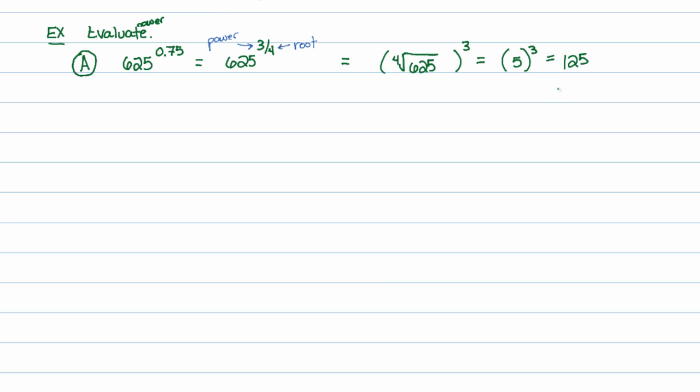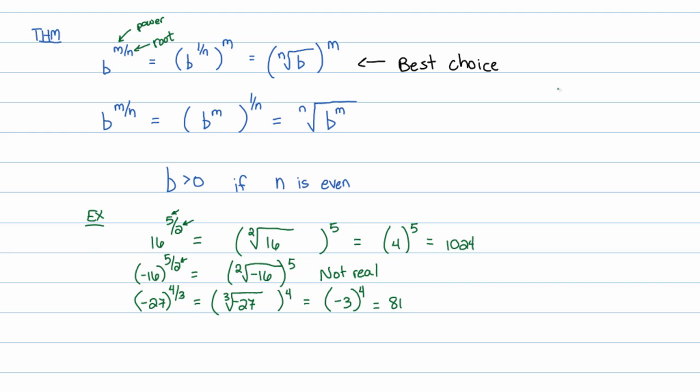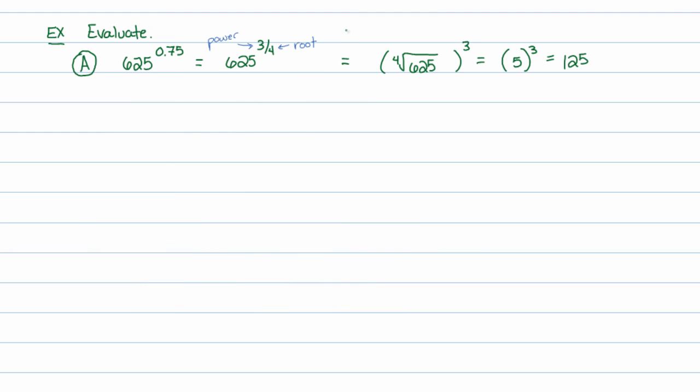Now recall that I said that top method is the best choice, taking the root first and then raising to a power. The reason is that, if you take a look at this example, if you had said, okay, let me take the power first, 625 to the third power, and then I'll take the fourth root of that. Well, 625 to the third power is a huge number.